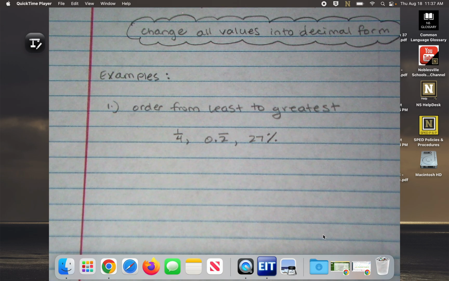Another component to changing them to decimals is to make sure you have the same number of digits for each decimal value. I'll point that out in just a second.